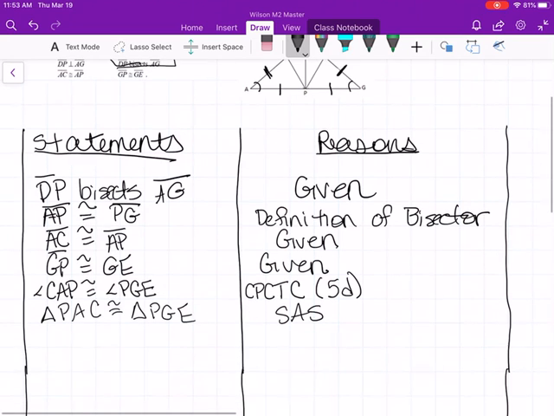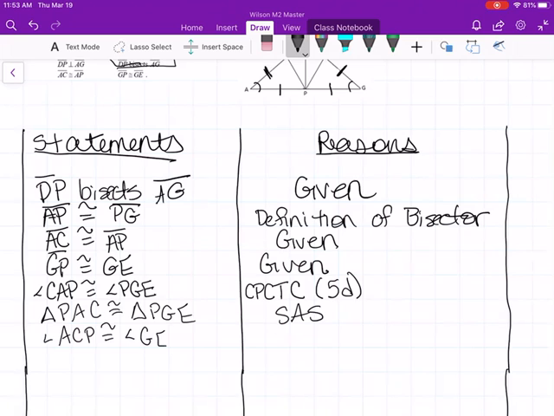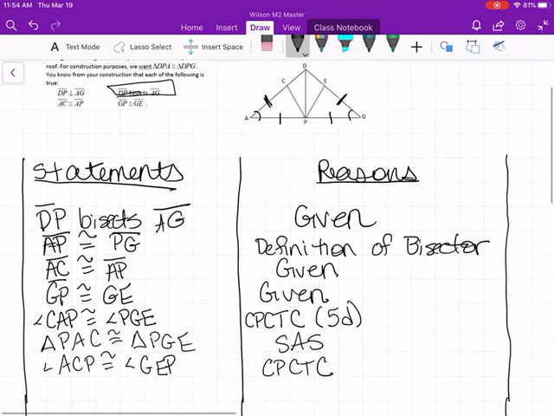From that, I can now say angle ACP is congruent to angle GEP. That is by CPCTC, corresponding parts of congruent triangles are congruent, because angle ACP and GEP are parts of the pair of triangles that we just proved congruent by side angle side.